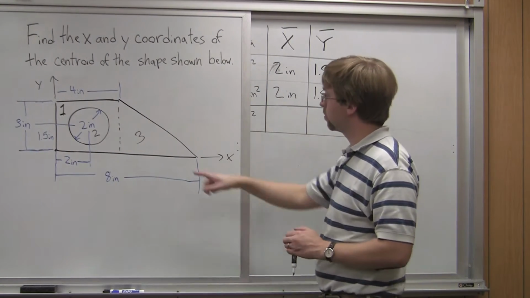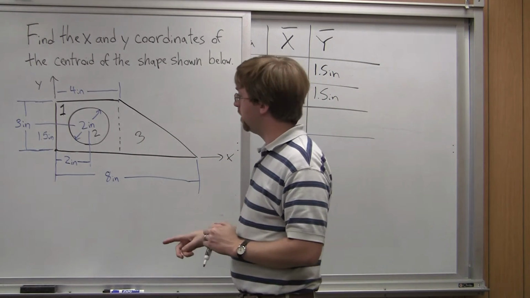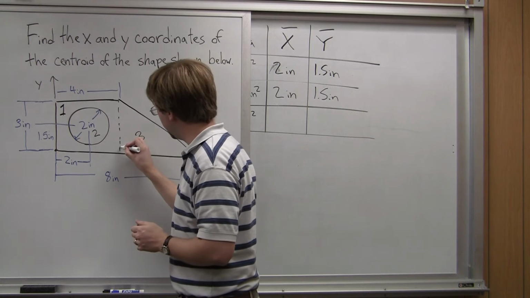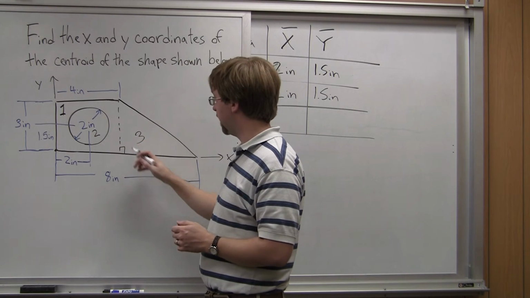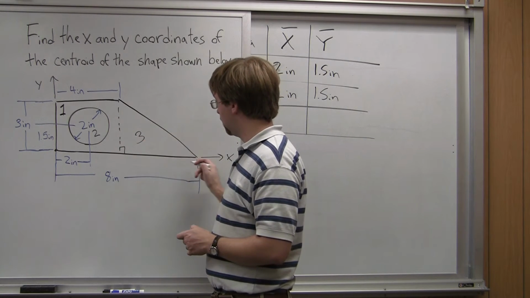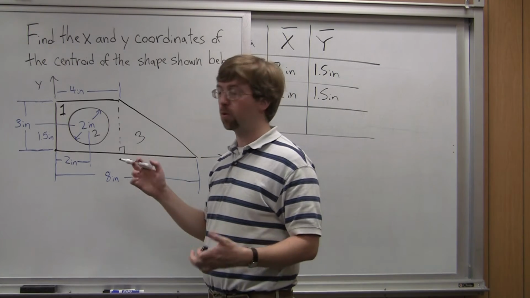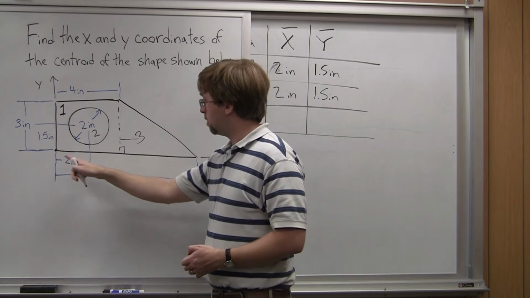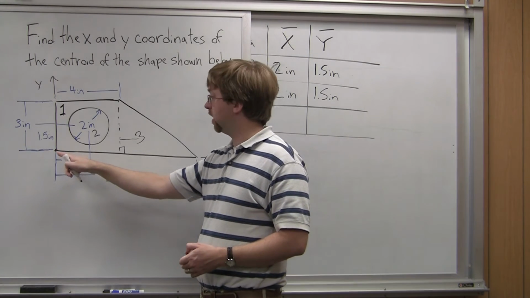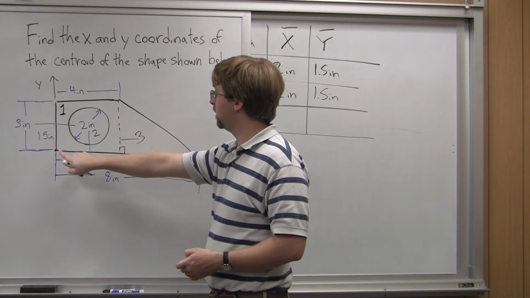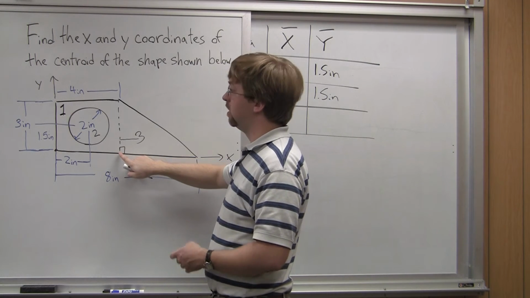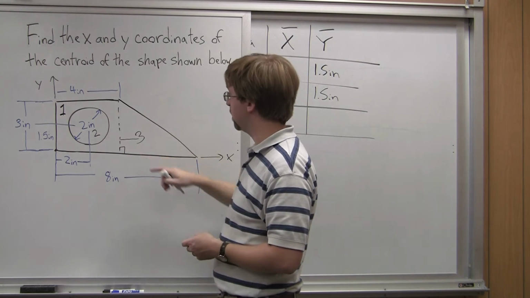So if I look over here at shape 3, I want to go from the right angle, which is right here. I go 1/3 of the base. The base is 4 inches, so 1/3 of that is 4/3. So I need to go over 4/3. But I'm also defining everything from over here, so before I even get to the triangle, I need to go 4 inches over, and then an extra 4/3 this way.